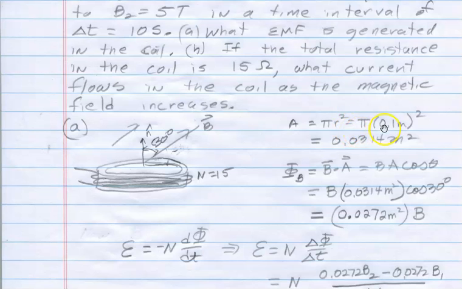It's given in centimeters, but be sure to convert everything to MKS units. So don't use 10 here because that'll get you off by a factor of 100 as it turns out. But instead convert it to meters, 0.1 meters, square it up, and you find that the area that's enclosed by one of these loops is 0.0314 square meters.